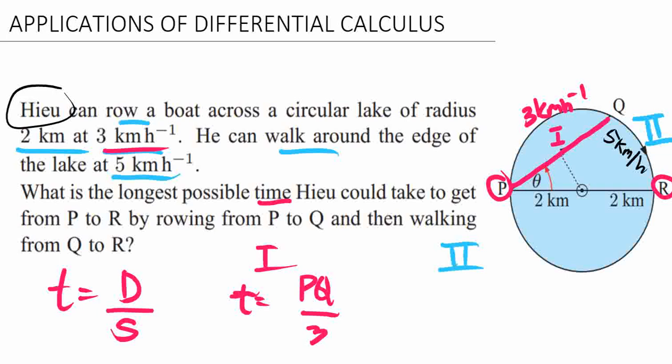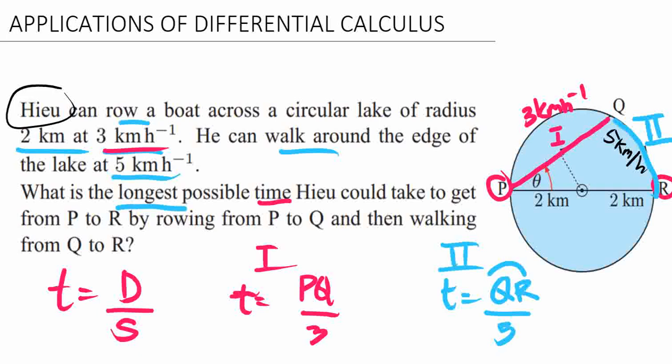For the second one, the time needed will be the distance of the arc QR over 5 km per hour.